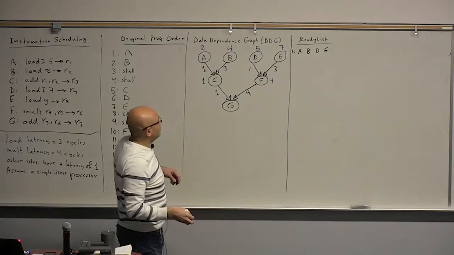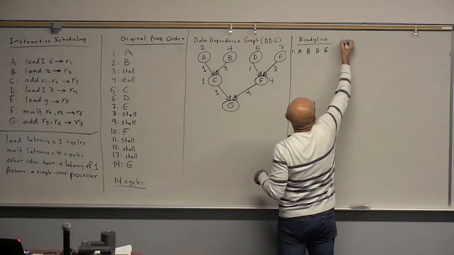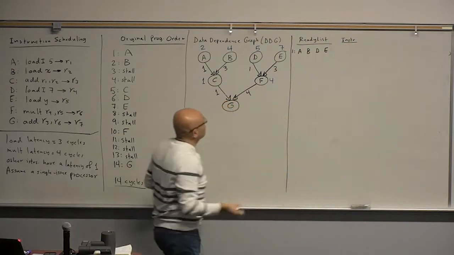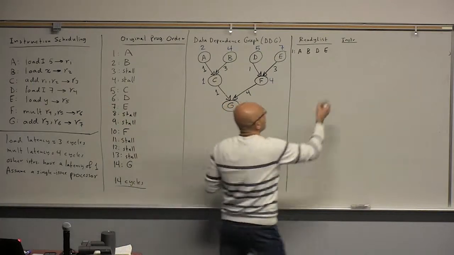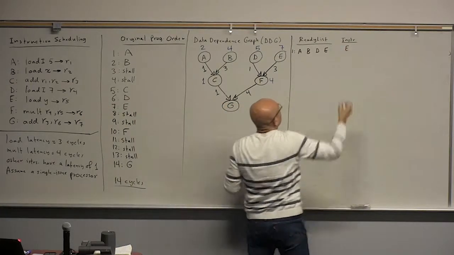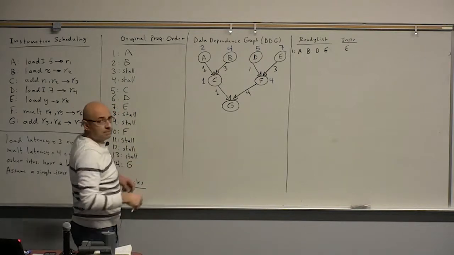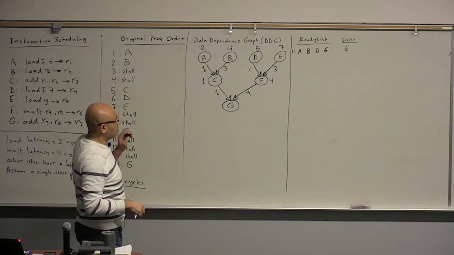We have the ready list with A, B, D, and E, and we will choose an instruction. Which instruction? E. We'll choose instruction E because it has the longest critical path.